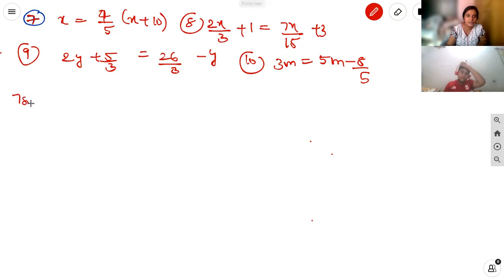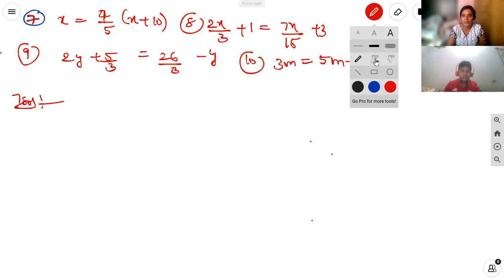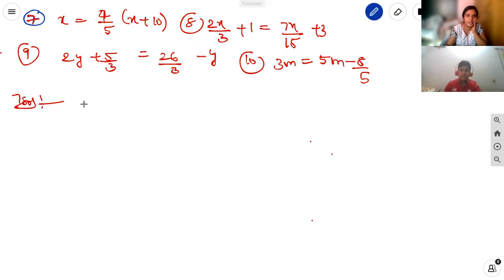So, seventh solution. Here the given equation is x = 4/5 (x + 10). The right-hand side has a fraction with denominator 5.